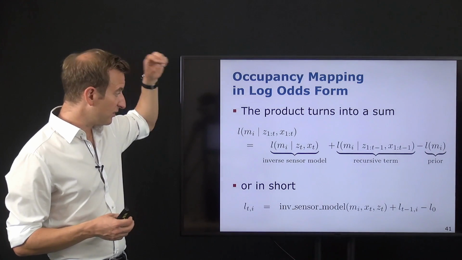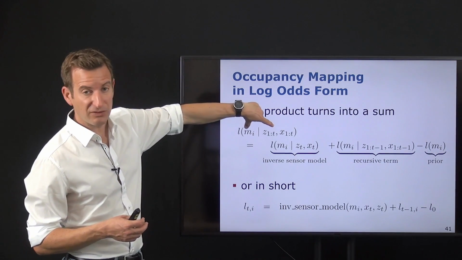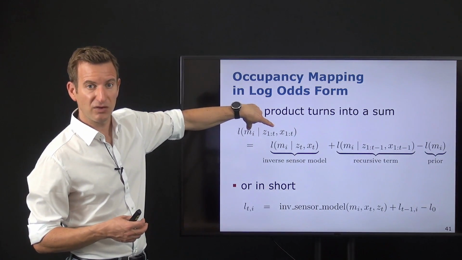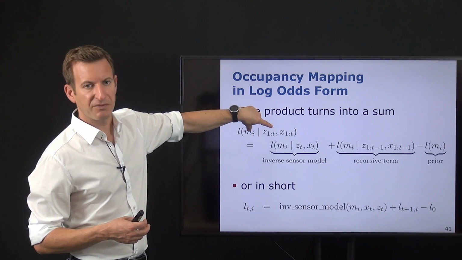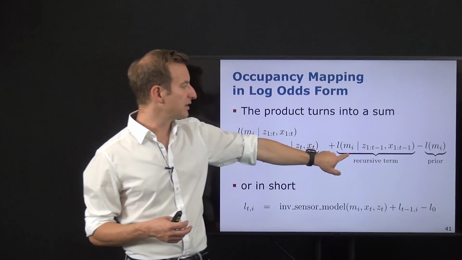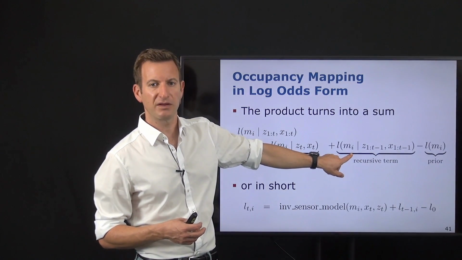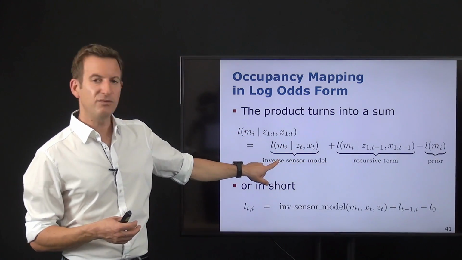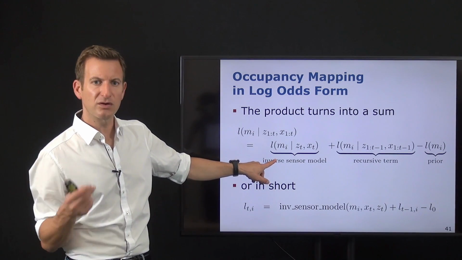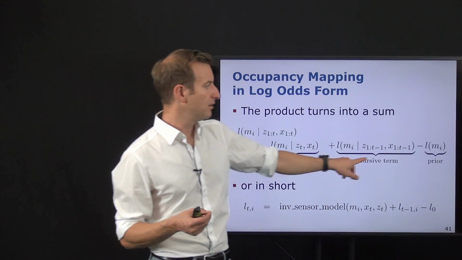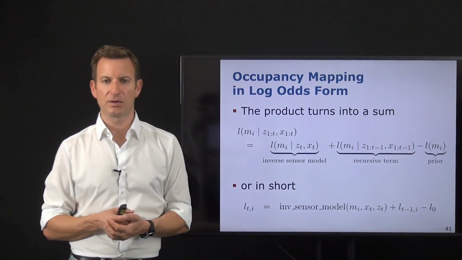So in the end, what I need to do is store my current estimate in my grid cell. And this is the sum of 3 terms: the recursive term, so the old state of that cell before; the log odds of the inverse sensor model, so what the current sensor information provides me; minus the log of the prior.